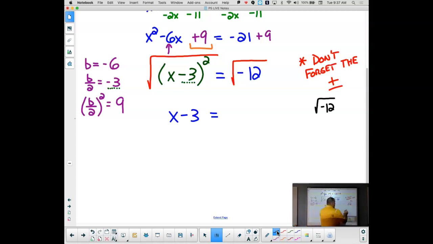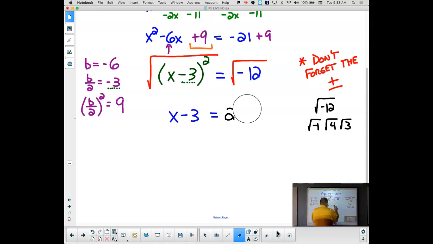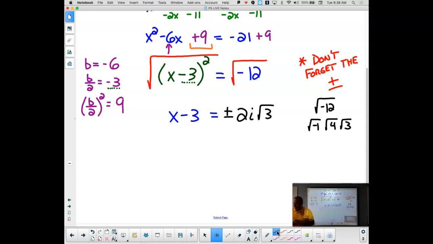Okay? So 1, we can have the square root of negative 1. But 12 is also 4 times 3. So that's the square root of 4 times the square root of 3. So I would write this as 2, forgot something. I even just forgot it. Plus or minus 2i times the square root of 3.